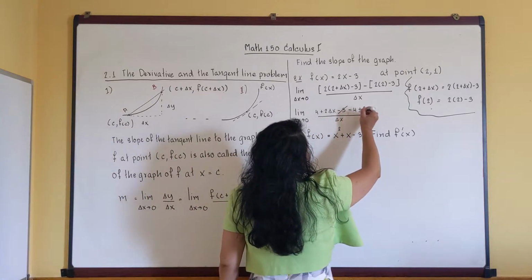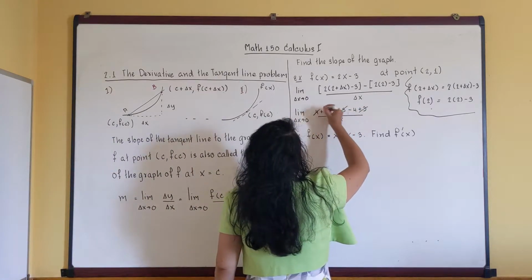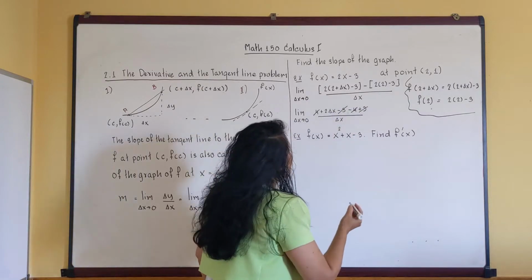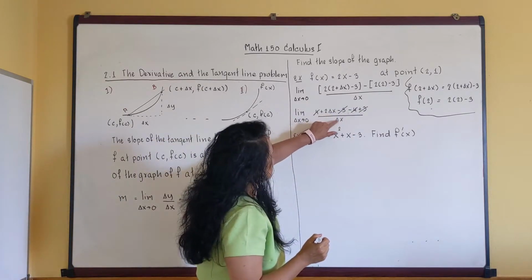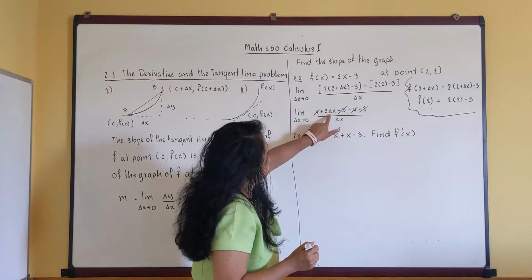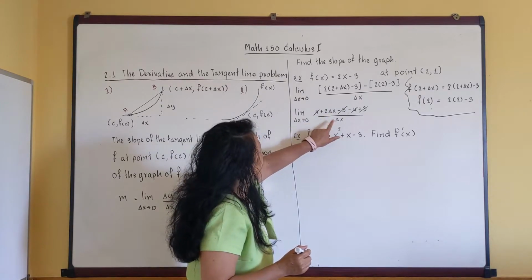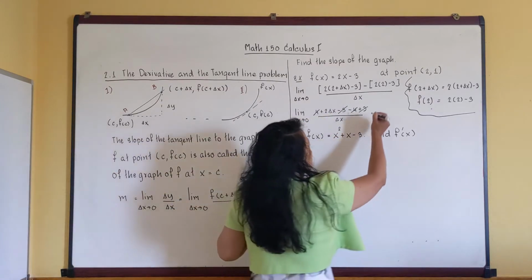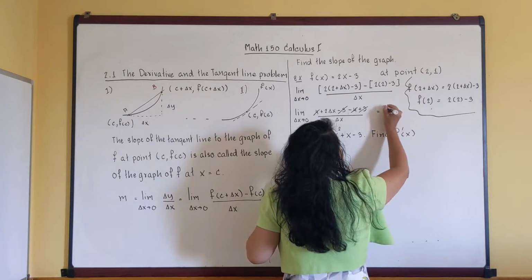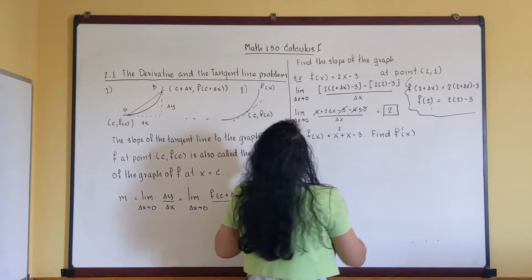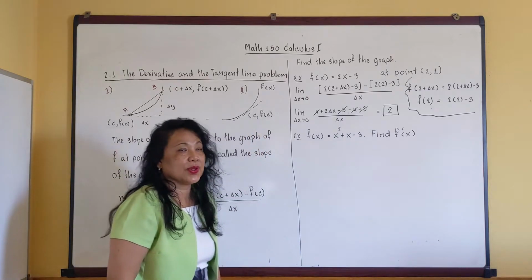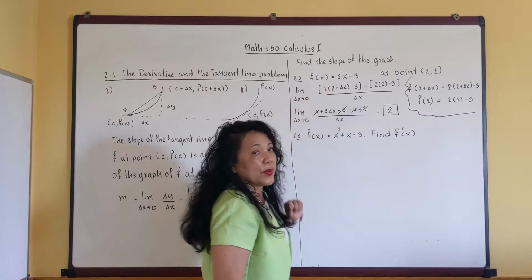Plus 3 minus 3 cancel, plus 4 minus 4 cancel. So you're left with 2 delta x over delta x, because I ran out of room. The delta x and delta x cancel out, so the limit is equal to 2. It's what we expected, it's going to be 2.